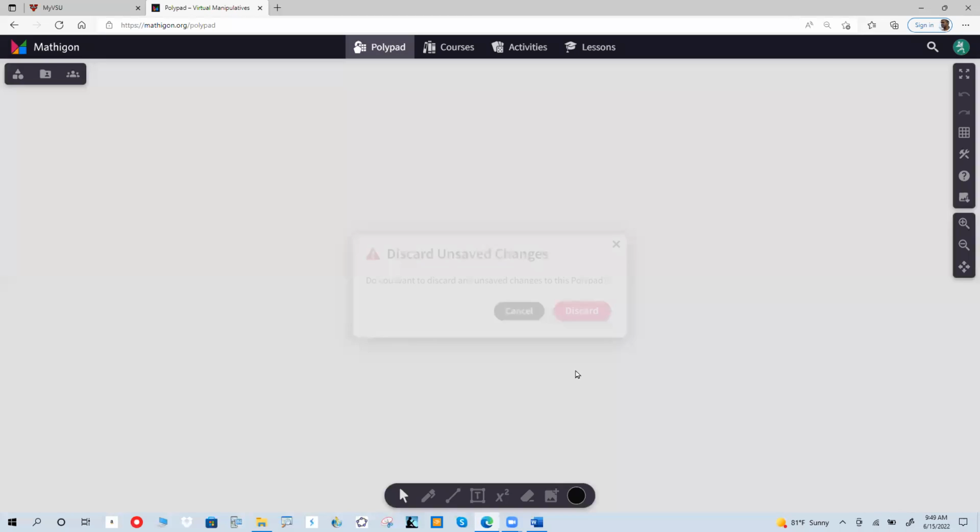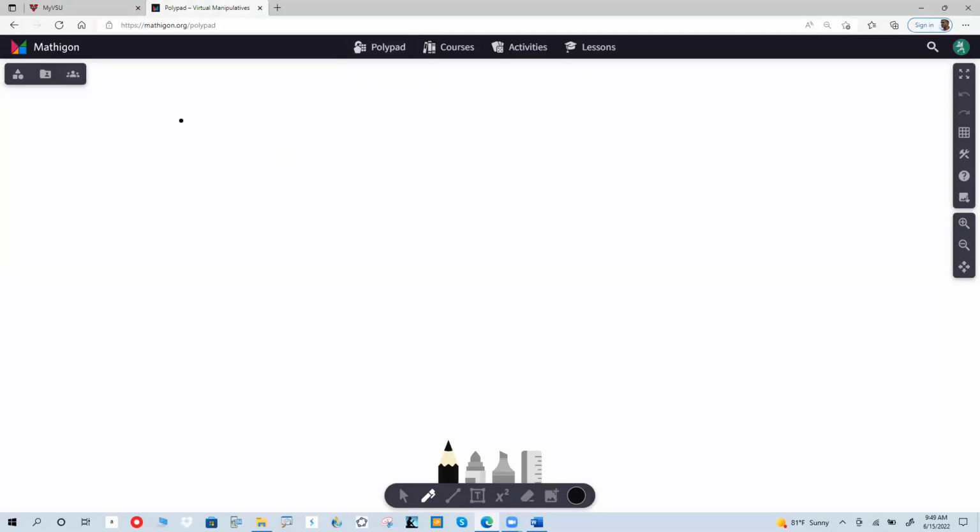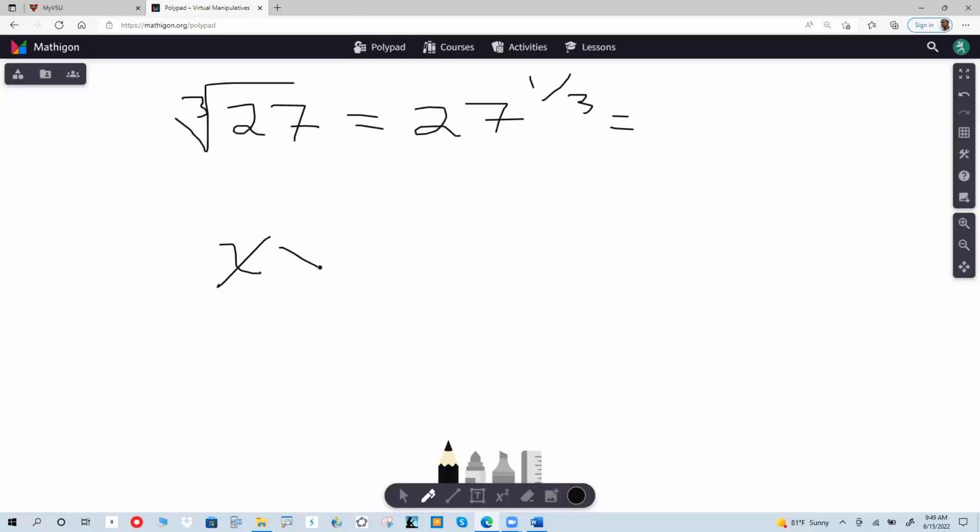Okay, one more thing, guys, which we discussed last class. The cube root of 27, we write it like this, or we can also write it like this, is like asking what number multiplied by itself 3 times. I don't like the idea of writing x. Let's call this number n. n times n times n is 27.